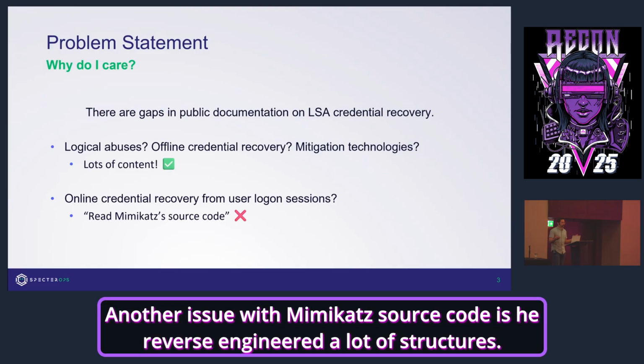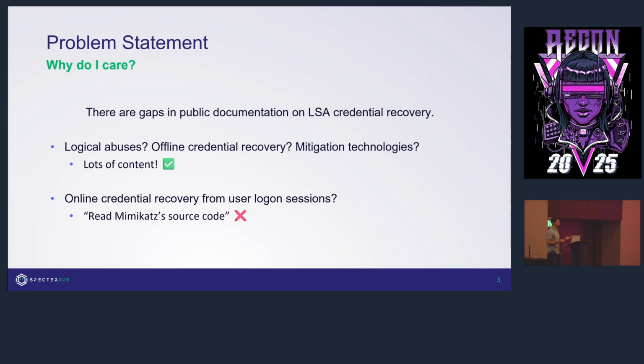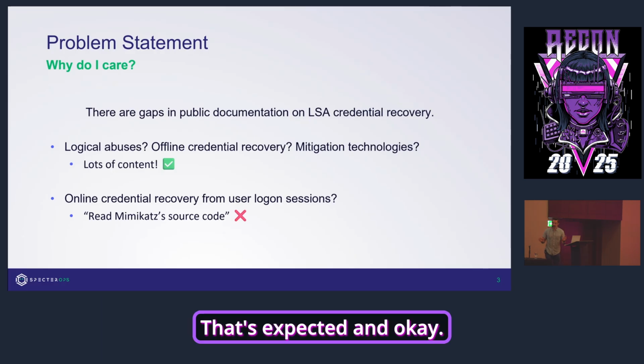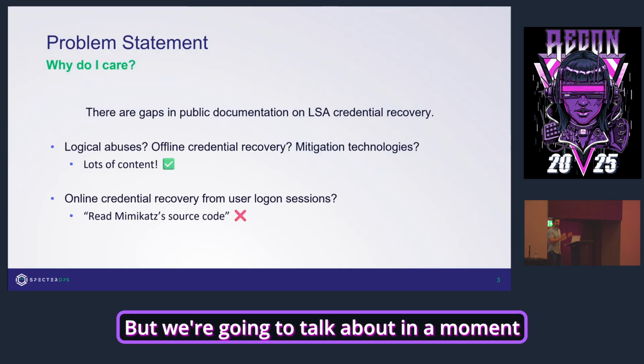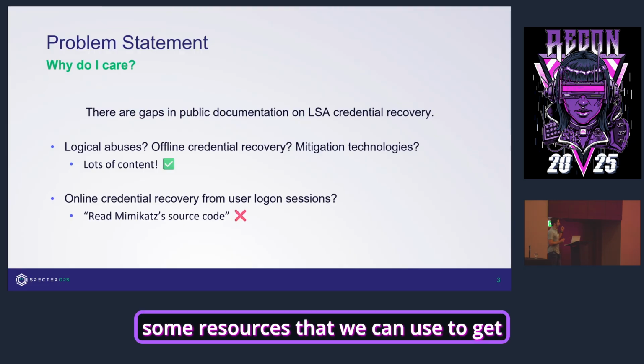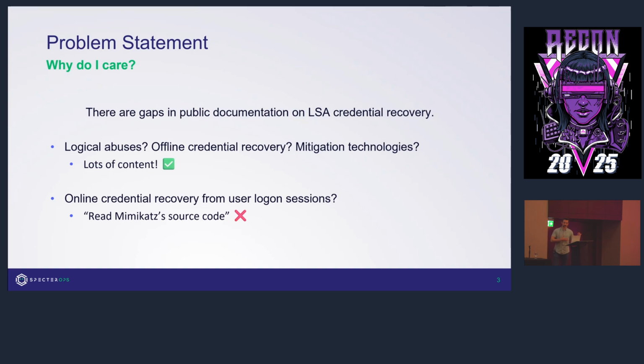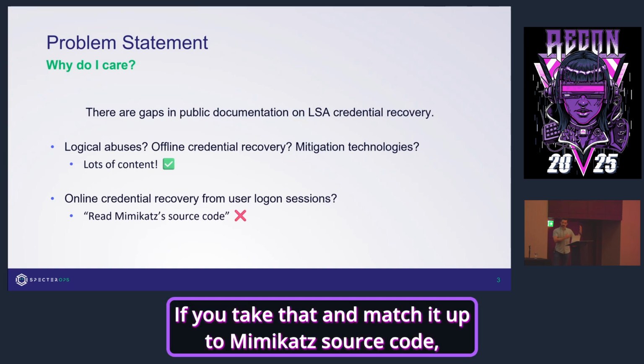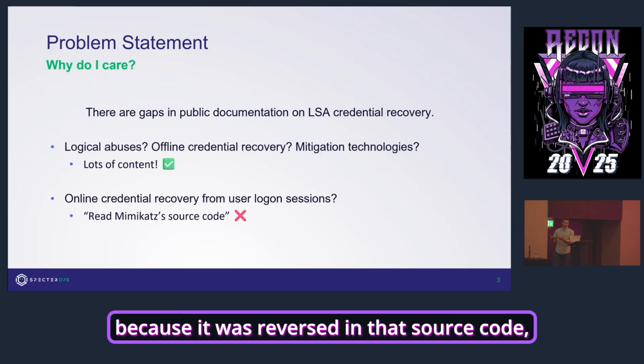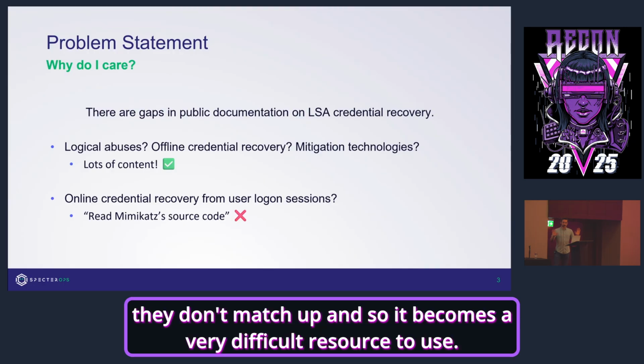Another issue with Mimikatz source code is he reverse engineered a lot of structures. That's expected and okay. But we're going to talk in a moment about some resources that we can use to get the actual structures that Microsoft internally uses. And if you match that up to Mimikatz source code, because it was reversed in that source code, they don't match up. And so it becomes a very difficult resource to use.